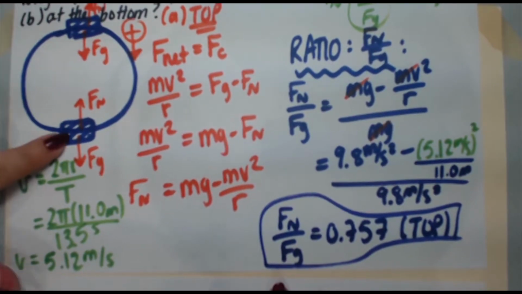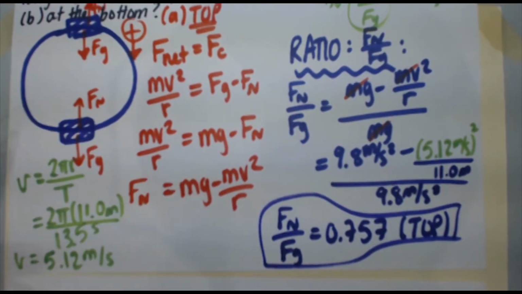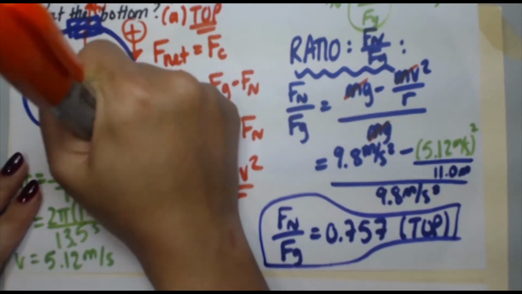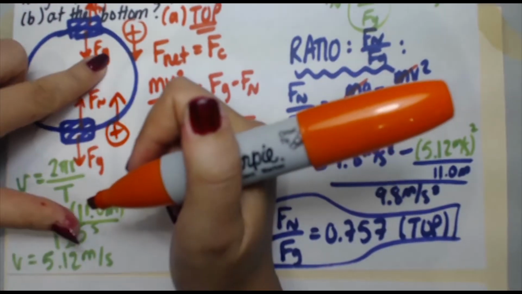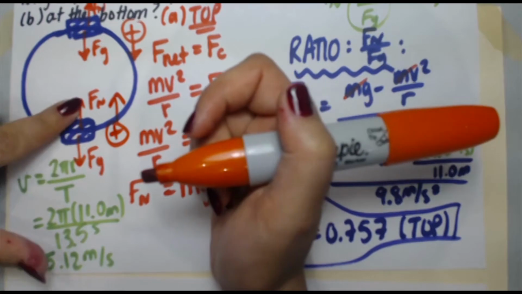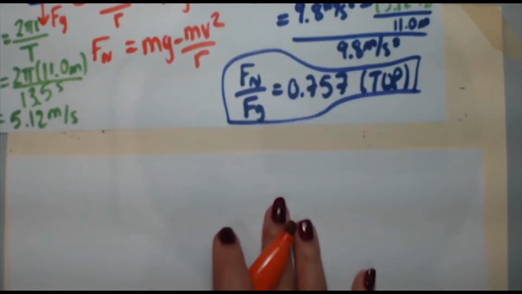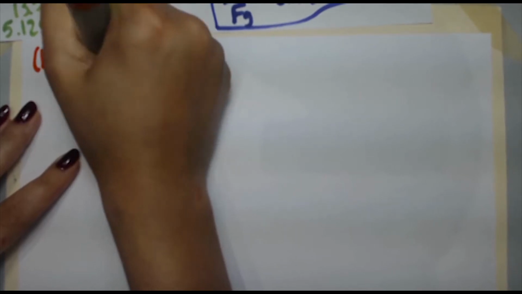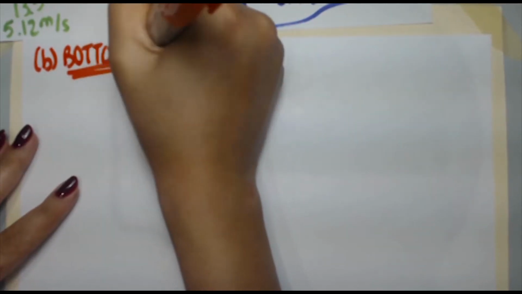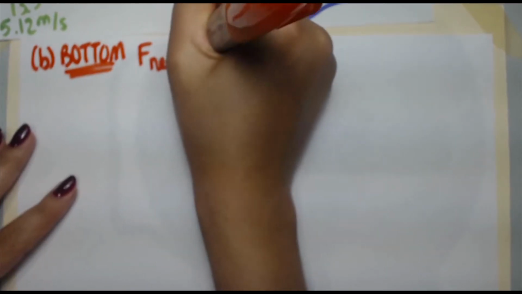Okay, so at the bottom, this time positive is going to be up because now that's pointing towards the center of the circle. So this time Fn is going to be in the positive direction, Fg is going to be in the negative. Otherwise we're going to be doing the exact same steps. So part B, at the bottom, we do our same F net is centripetal force here.